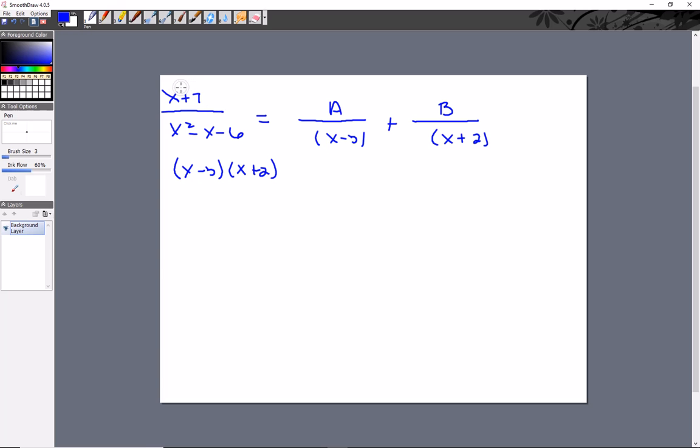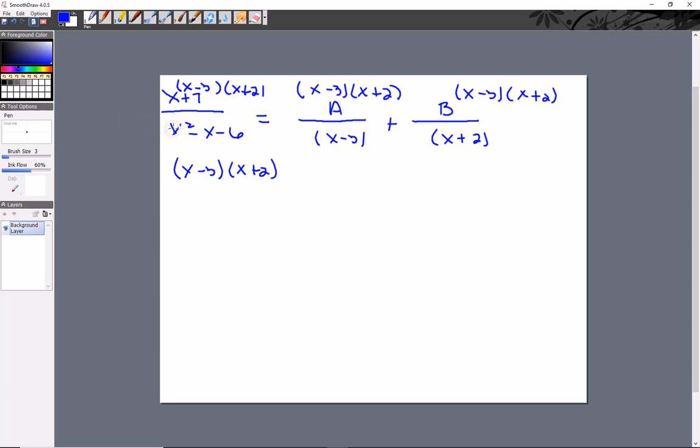Well, we're going to clear out the fractions. So we're just going to multiply everything by x minus 3 times x plus 2, and we'll do that to all three terms. All right, so what happens?